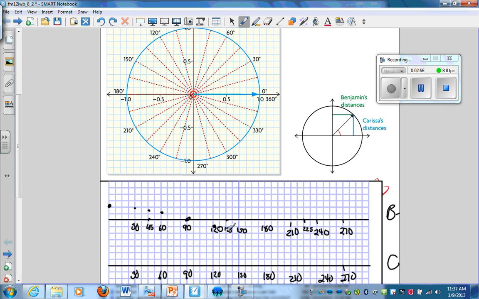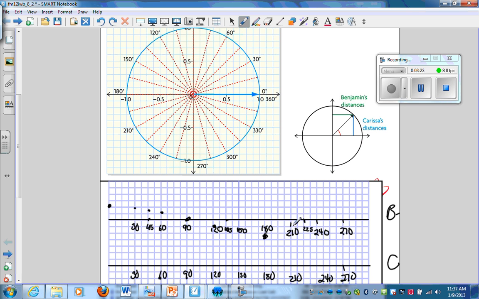So notice we're seeing some pretty similar values. At 150, I bet it's 0.9, because remember here I was 0.9. 1, 2, 3, 4, 5, 6, 7, 8, 9. So at 150, I'm about negative 0.9. And then at 180, you can see that I'm at negative 1.